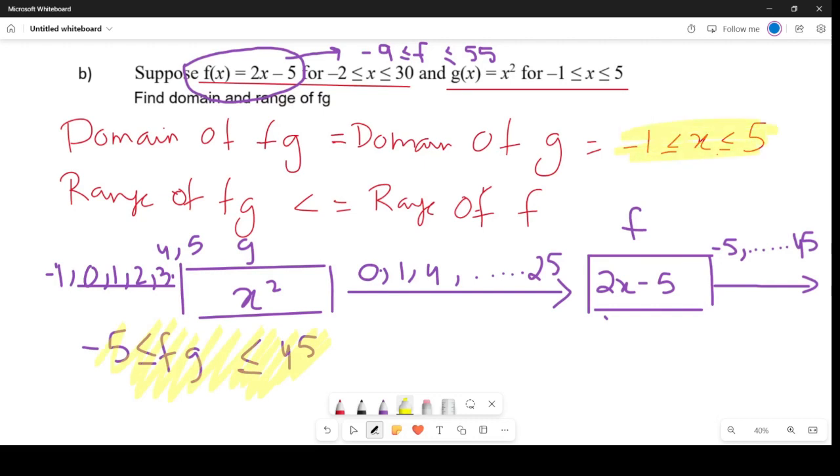Another way of directly finding the range of fg is by forming fg first. What's going to be the function f of g? Can you form fg from f and g? Yes, 2x squared minus 5. Now what are its allowed input values? Same as g's input values, which are -1 to 5.